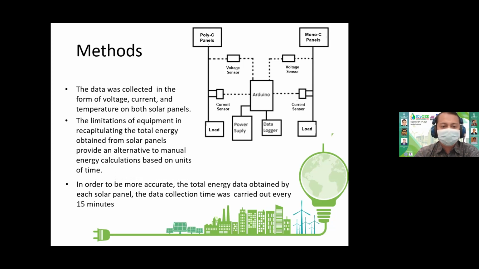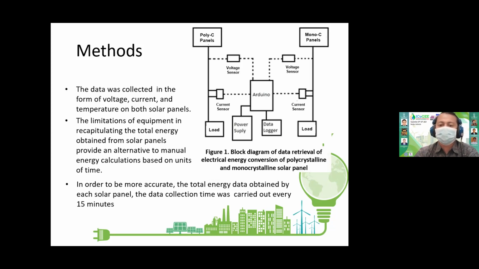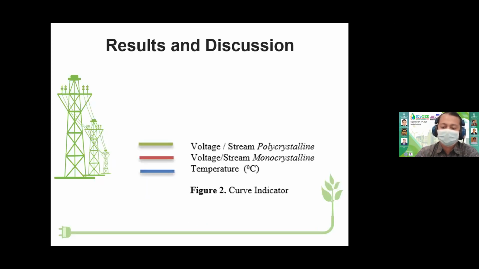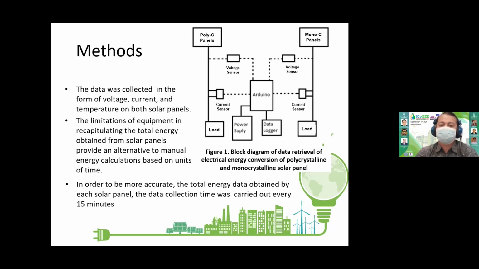The limitation of equipment in recapitulating the total energy obtained from the solar panels led to an alternative of manual energy calculation based on unit of time. This is figure 1, the block diagram of the data retrieval of electrical energy conversion of polycrystalline and monocrystalline solar panels. In this block diagram, we use just one data logger.